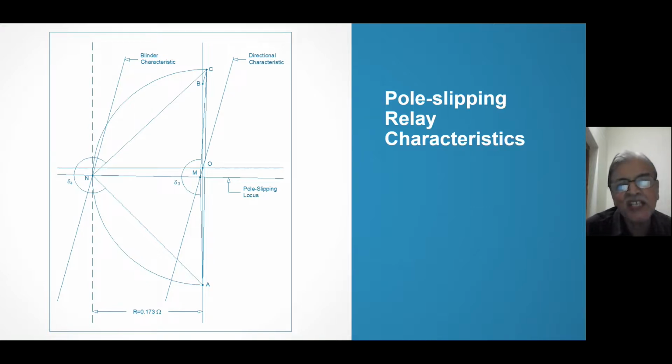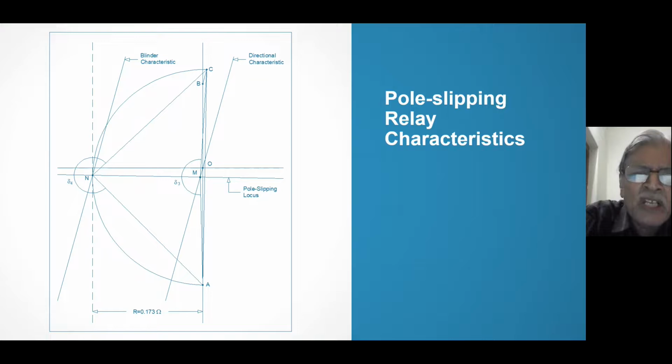Now AC is your line, and the perpendicular bisector of AC is going to be the locus of pole slipping. That is shown. Now, what are the settings that you have to find? Directional characteristic. You have to tell at what angle you will keep it.